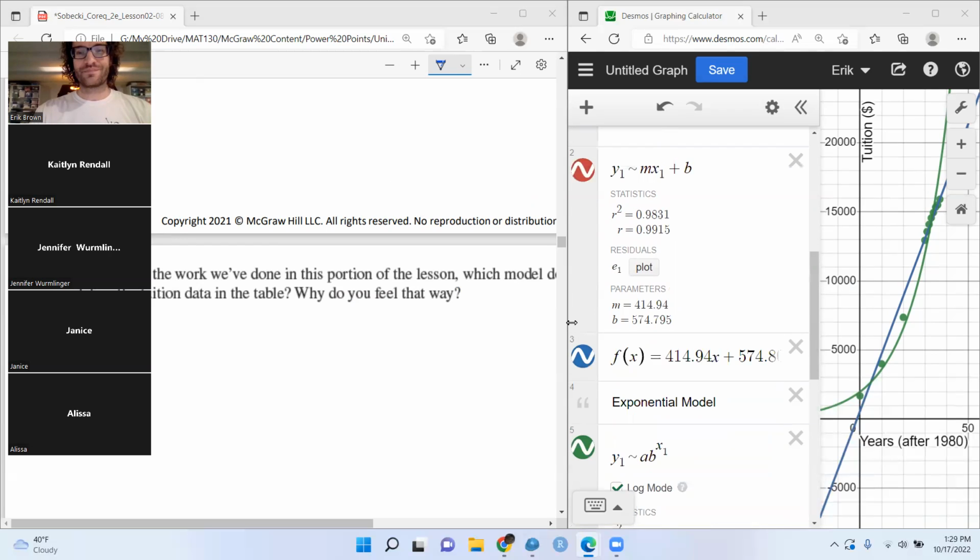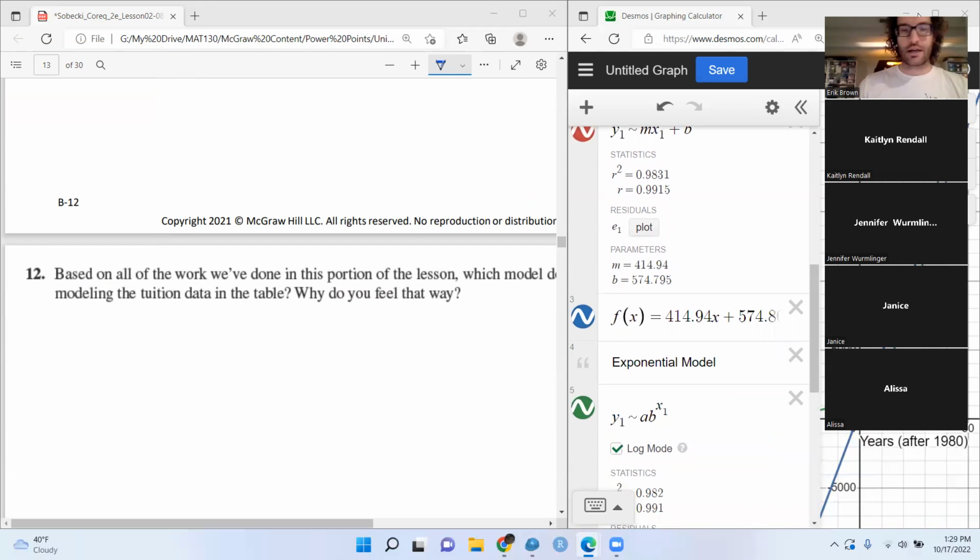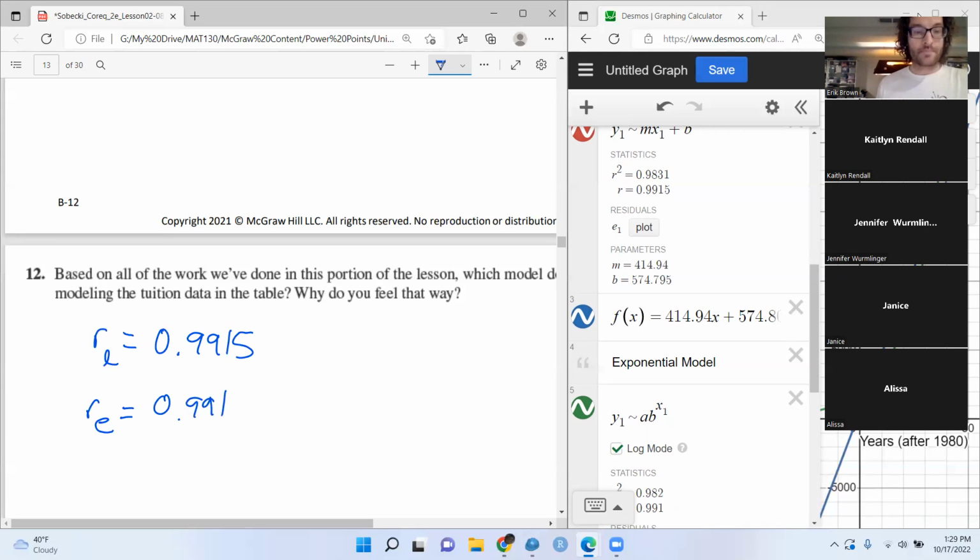Love it. So I'll use some notation that might not be fun, but is kind of cool in the math world. I'll do R subscript L for the linear correlation coefficient. That's 0.9915. And then I'll do R subscript E for the exponential correlation coefficient. That's 0.991. Notice I'll put a 0 after it so they have the same amount of decimal places.